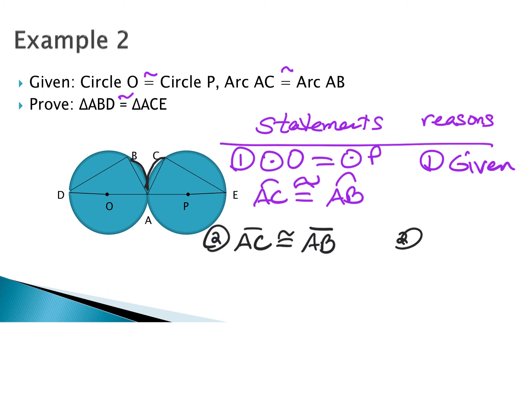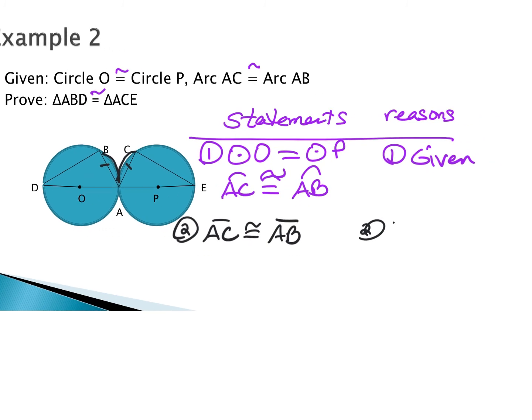So now I can say that this chord is congruent to this, and the reason is the congruent corresponding chords theorem. Because if the arcs are congruent, then their corresponding chords are also congruent. And I can use this because the circles were given to me as being congruent.